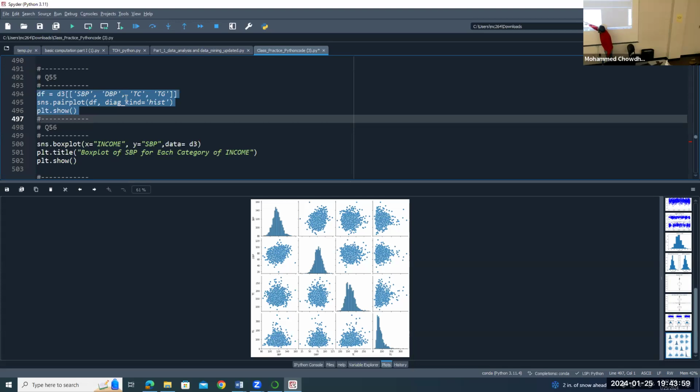So, this is the TC, and this is TC, so then this is TZ. TC and TZ is this one, okay? Similarly, this is TZ, and that is SBP and TZ, and this is TZ, and this is TC. These are the same. Okay. It is called the pairwise plot, pair plot.